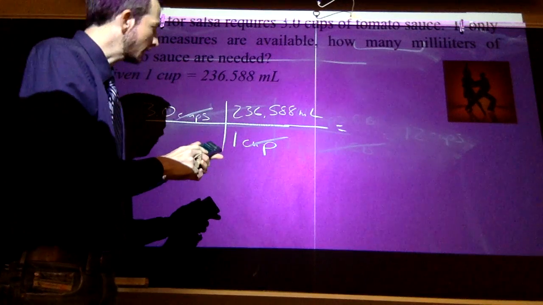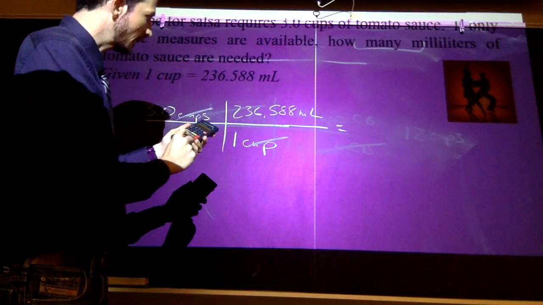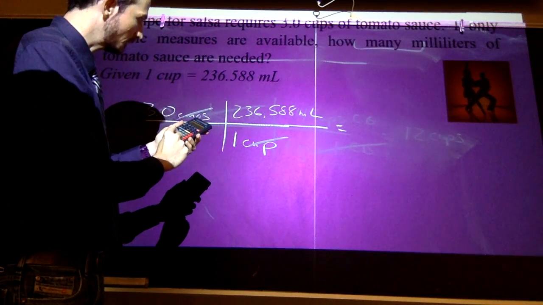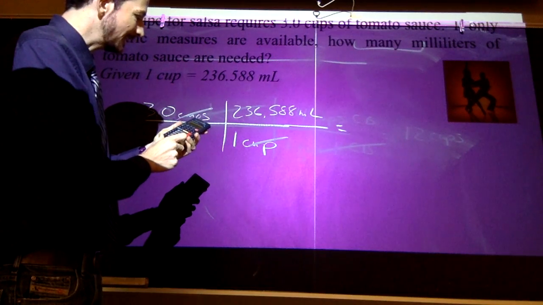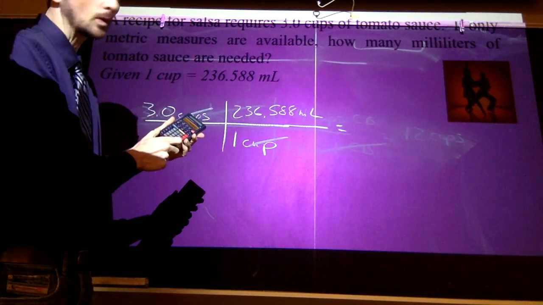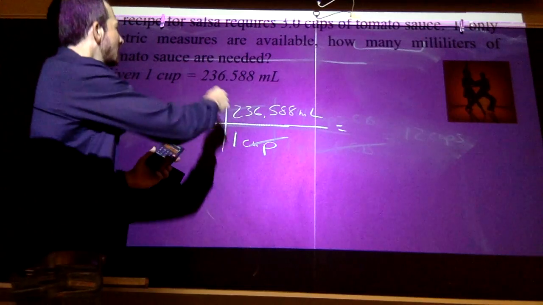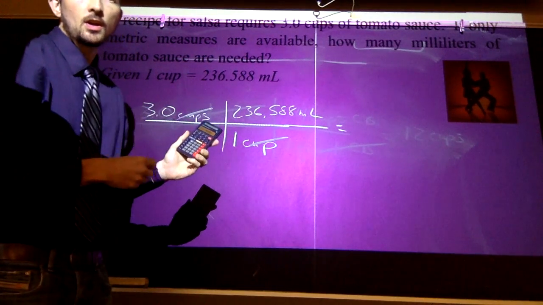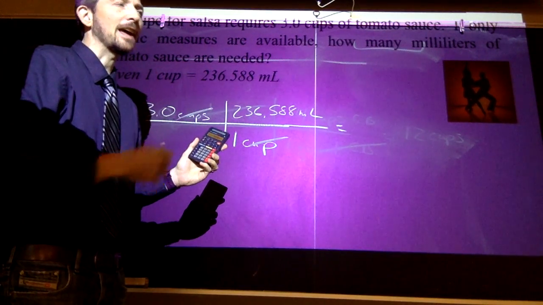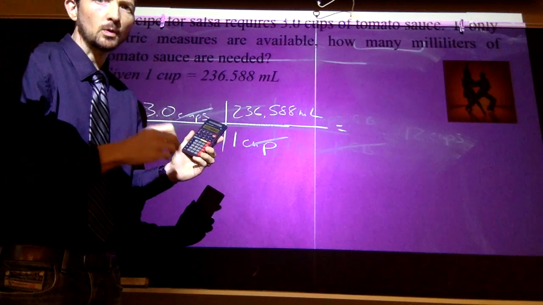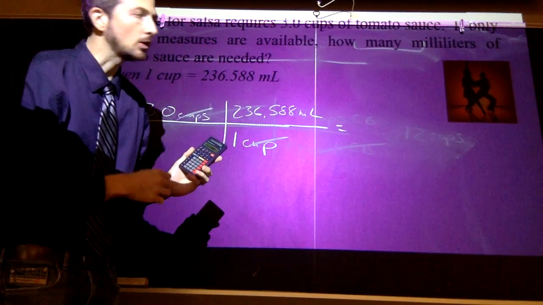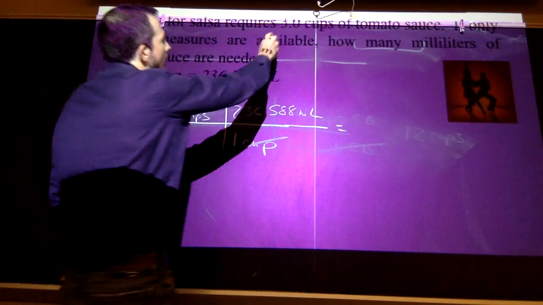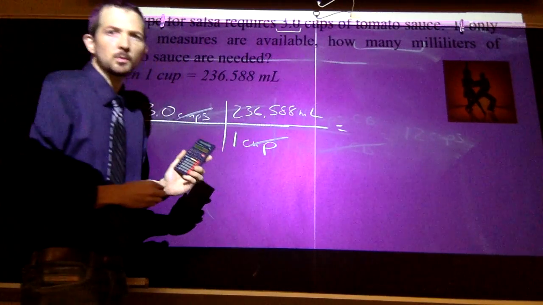So get out my calculator. So 3 times 236.588. So I get 709.764. So if I look at this, now conversion factors are assumed to have an infinite number of significant figures. So you want to go by the significant figures in your measurement. And so the significant figures in my measurement, 3.0, are 2.